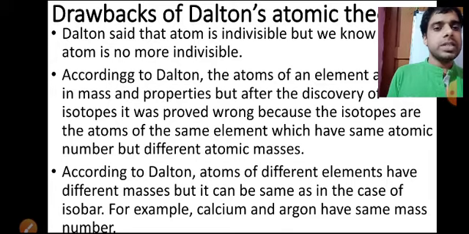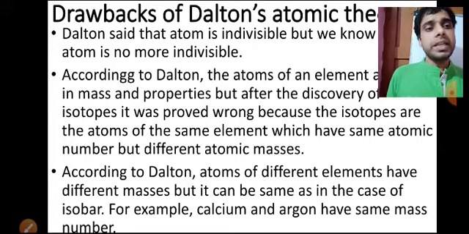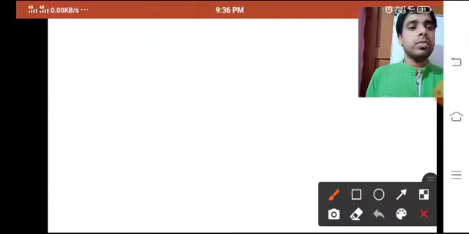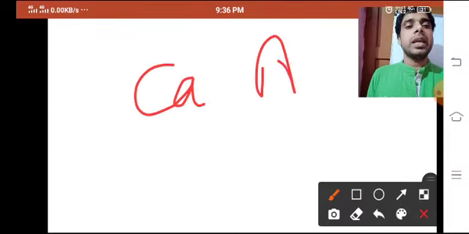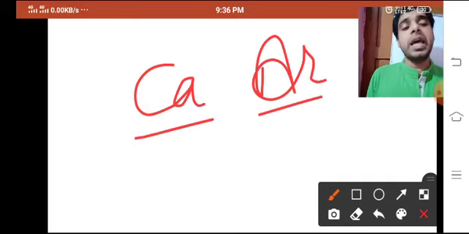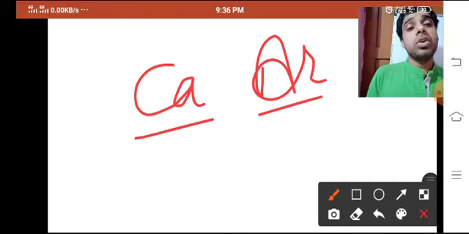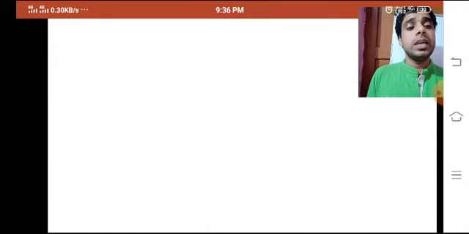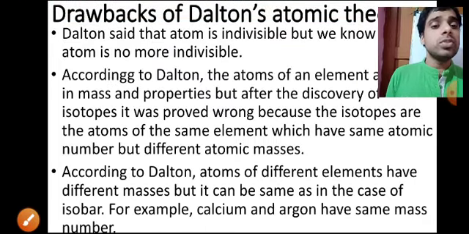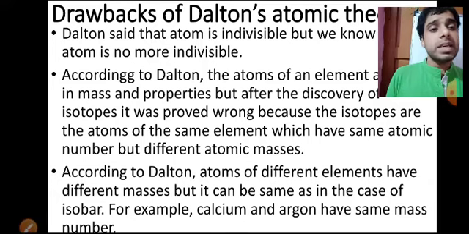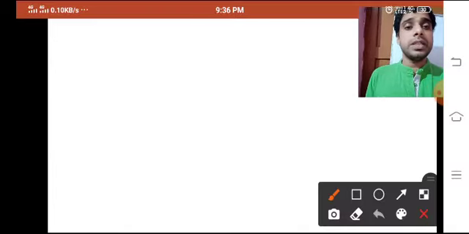The third drawback: atoms of different elements. You can take the example of argon and calcium. Calcium and argon are examples of isobars. According to Dalton, atoms of different elements have different masses, but it can be the same, as in the case of isobars. Here I have written calcium and argon.